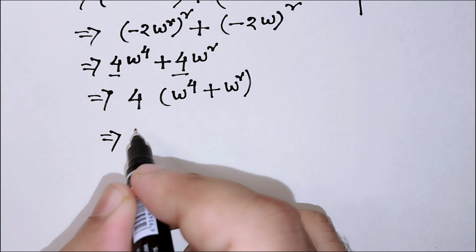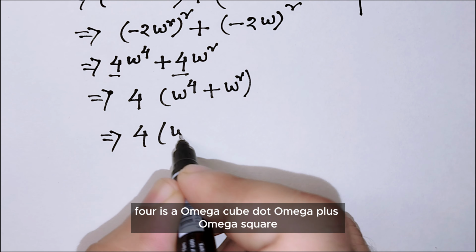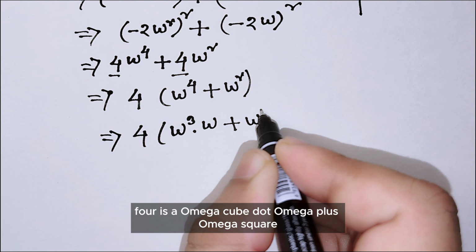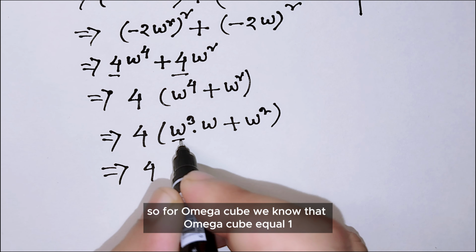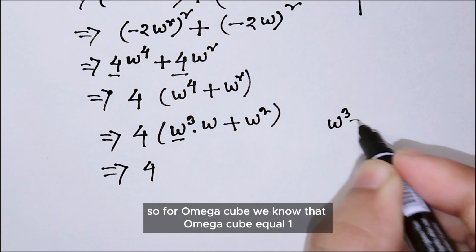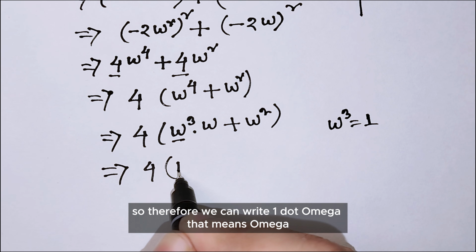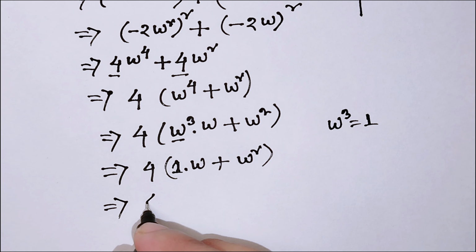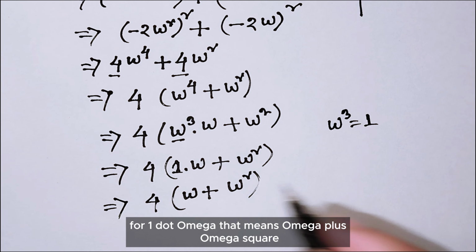Now we can write omega to the power 4 as omega cube dot omega plus omega square. For omega cube, we know that omega cube equal 1, so we can write 1 dot omega, that means omega, plus omega square.